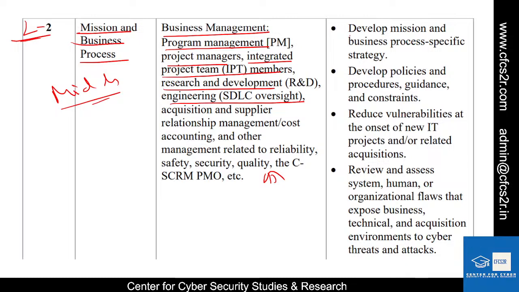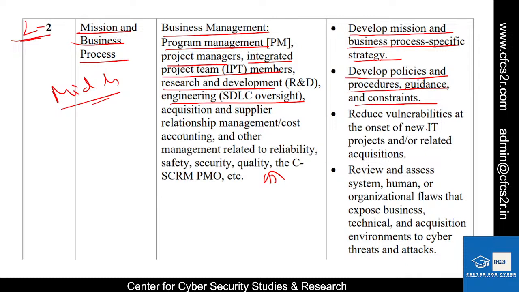Their main task is to develop mission and business process specific strategy. They need to develop policies, procedures, guidelines, and constraints, but should follow the baseline that is created in level 1. Then they are focusing on reducing the vulnerability at the onset of new IT projects.